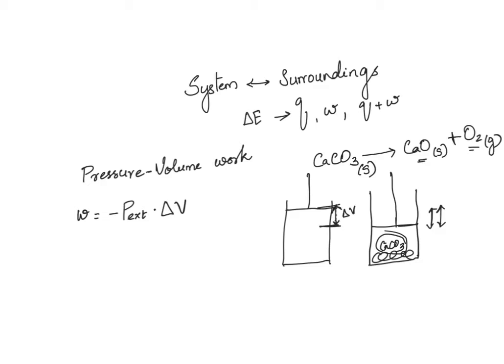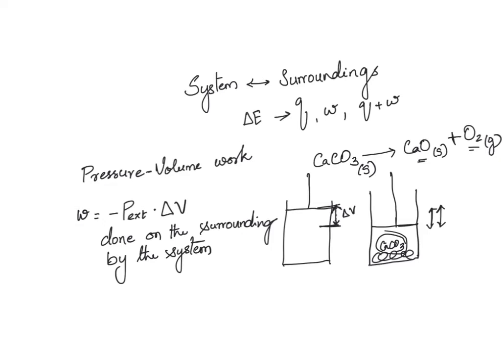There is a change in volume, and this work is being done on the surrounding by the system, and so it is negative. Okay, W is negative, and this is how we quantify work.